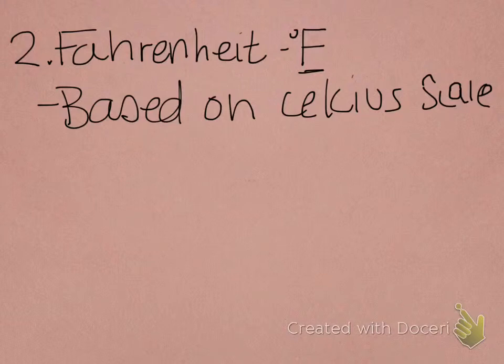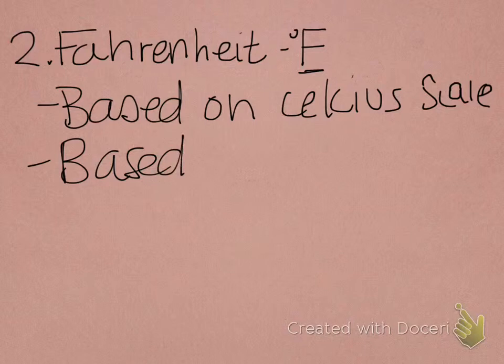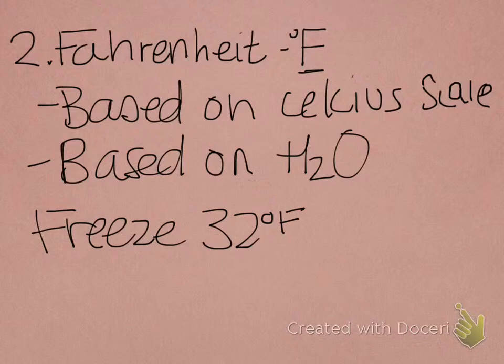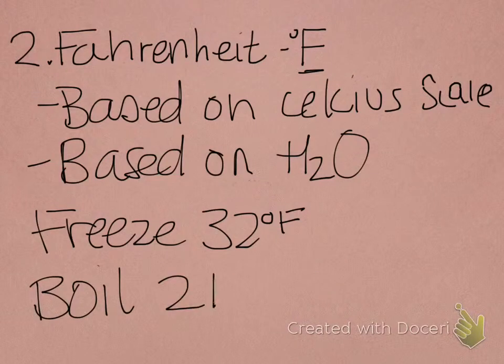This is used by very, very few countries. So we are one of the few locations that uses the Fahrenheit scale. And it is also based on water. With a freezing point at 32 degrees Fahrenheit, and a boiling at 212 degrees Fahrenheit.